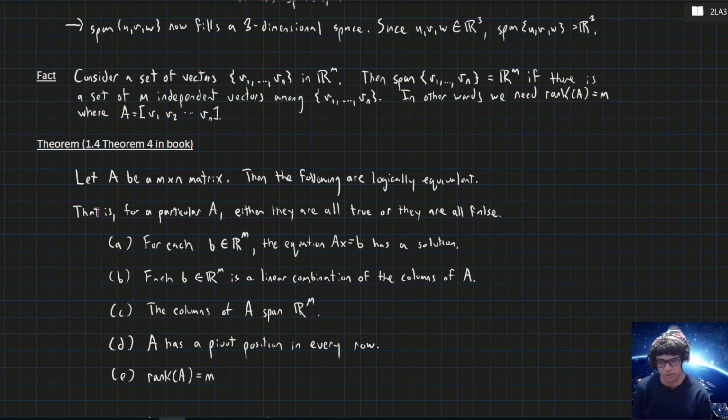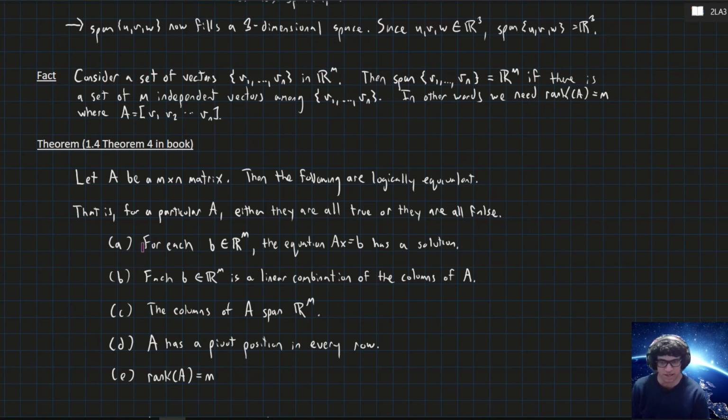Okay, so that means that for my matrix A, it either has all of these properties, A through E, or it has none of these properties. That's the format of the following are logically equivalent type theorem, and we'll be seeing more of these type theorems in the future. So what are all the things that could be true about A?